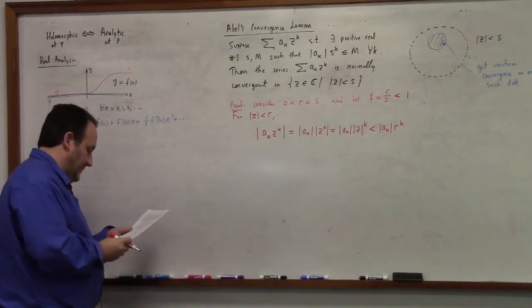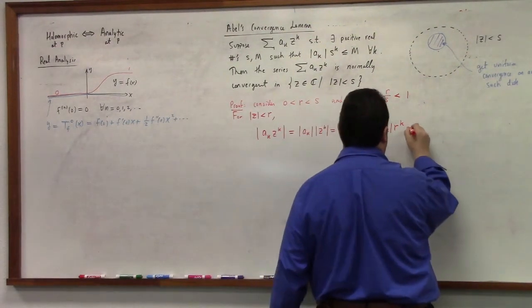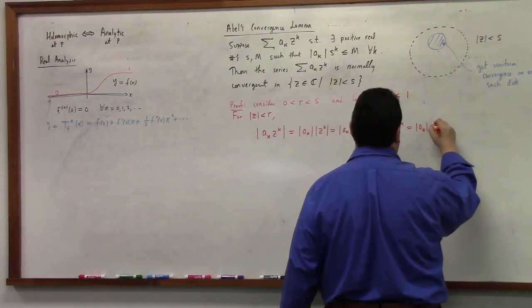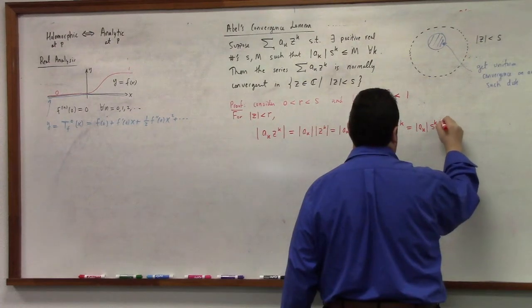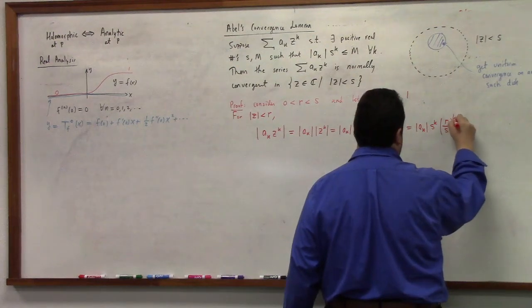And then that is equal to modulus of a_k times s to the k times r over s to the k.